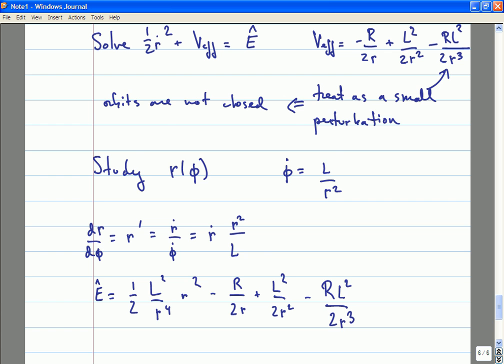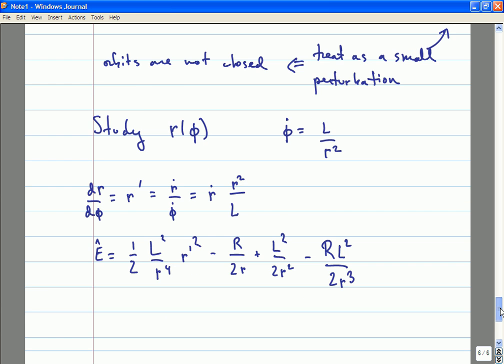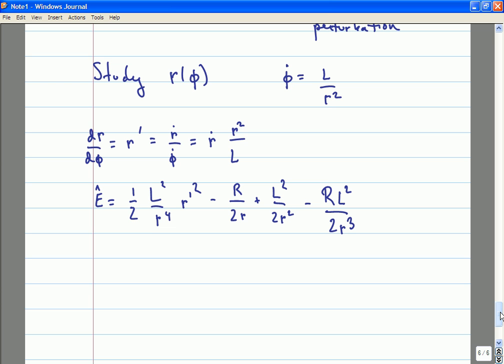Okay, so that doesn't appear to make life any simpler. But I will now make a second simplification. First, let's make this a little simpler by multiplying through by 2r squared over L squared. So what do we get?